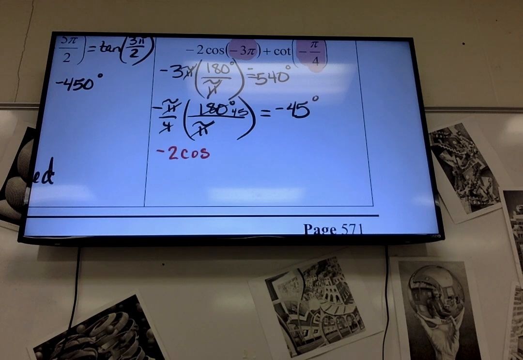Instead of negative 540, we can say that's the same thing as pi radians. And then to do cotangent, negative pi over 4. Well, yesterday we took negative pi over 4 and we changed it into degrees. So that's negative 45 degrees.